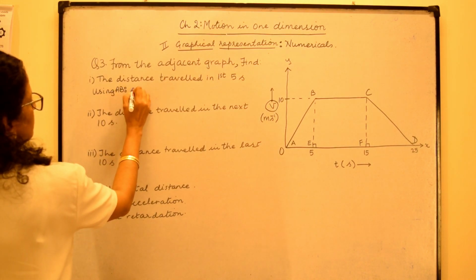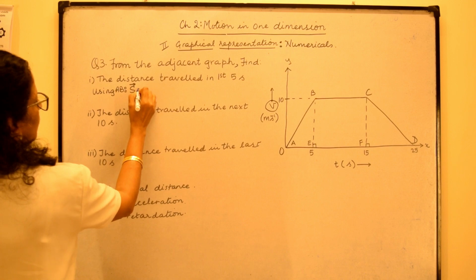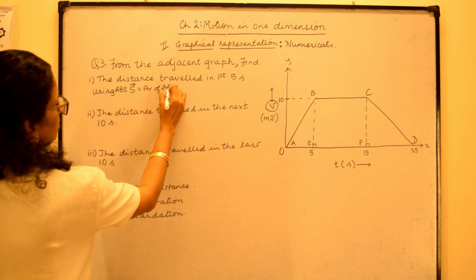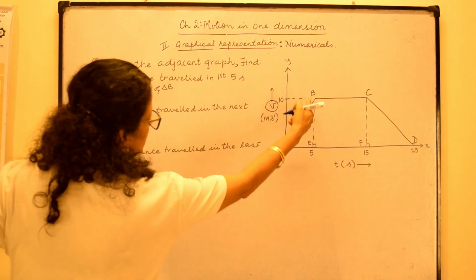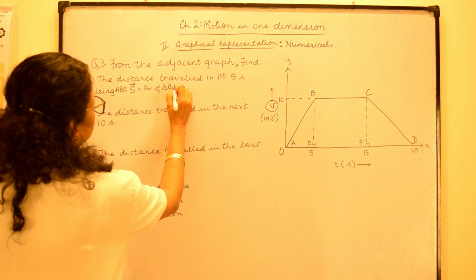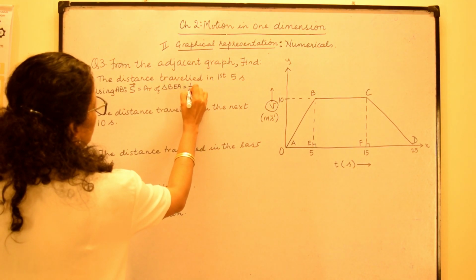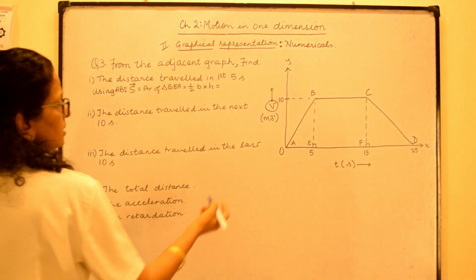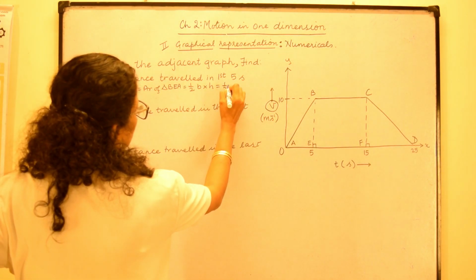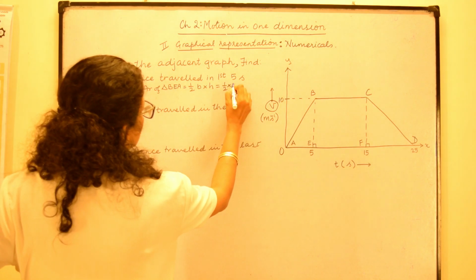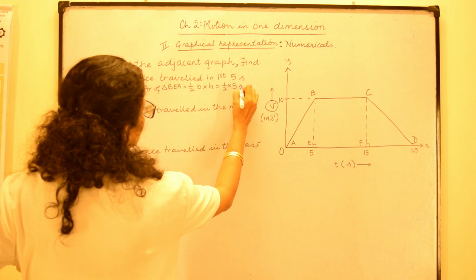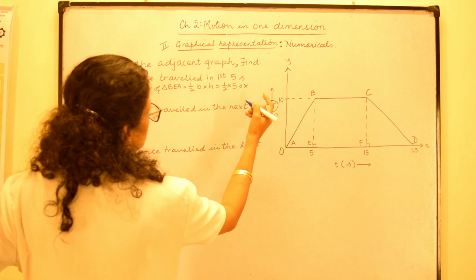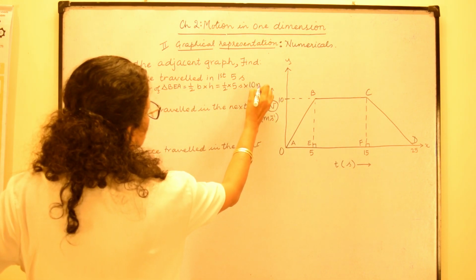You will have the displacement will be equal to the area of triangle BEA, and that will be half base into height. The base is 5 seconds multiplied by the height, which is 10 meter per second.